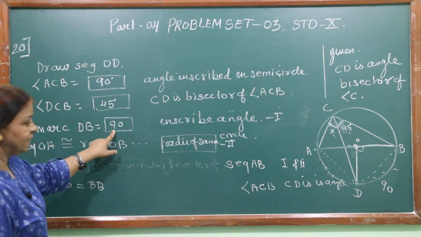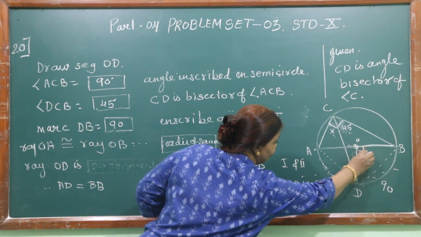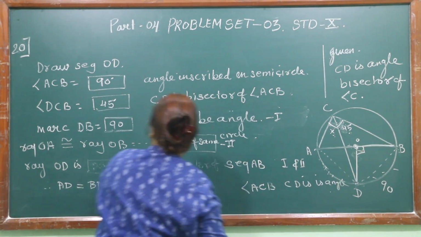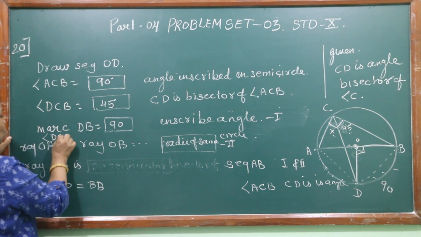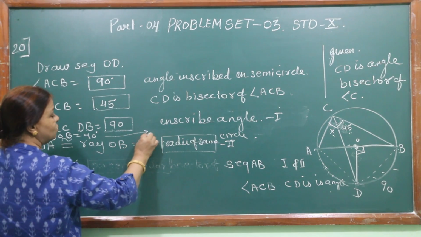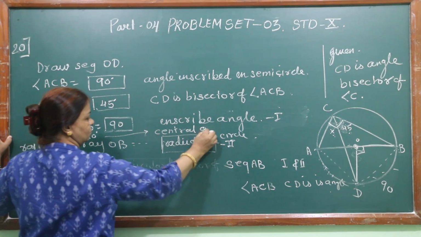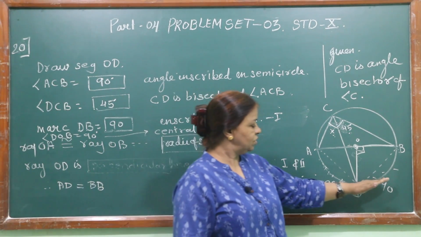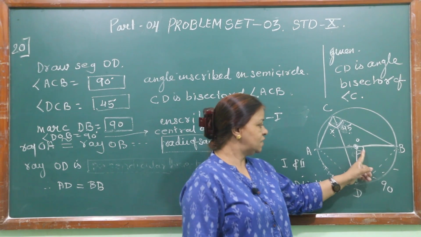Major arc DB is 90 degrees. And if major arc DB is 90 degrees, this angle will be 90 degrees. Why? Because this is a central angle, DOB. So I must write here: angle DOB is equal to 90 degrees, and that is the central angle. Whatever the measure of the arc is, that measure would be the central angle. So this is 90 degrees.